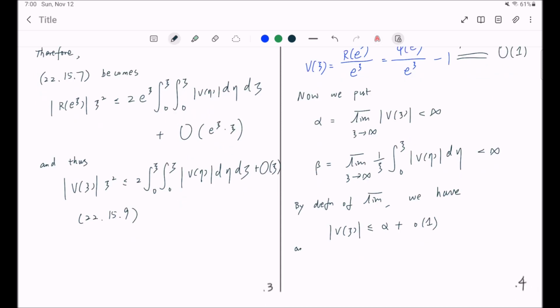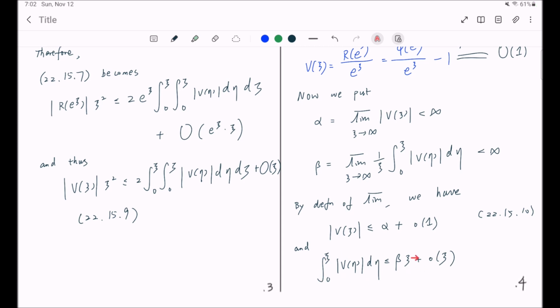And this integral from 0 to psi of v of eta d eta will be bounded by beta times psi plus little o of psi. We have these two relations simply by the definition of lim sup.